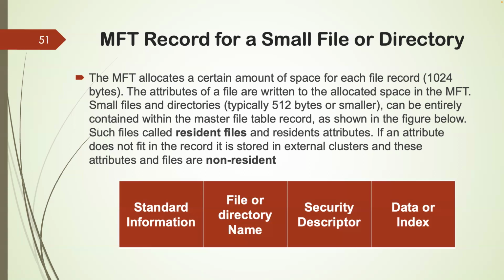Then all of that can be stored in the MFT record, and it will become a resident attribute. Otherwise, if the file size is bigger, then we will have to store it somewhere else on the hard drive, and we will just store the pointers to those sectors here in the data attribute, and this data attribute will become non-resident. So this is a very important classification, resident attributes and non-resident attributes.